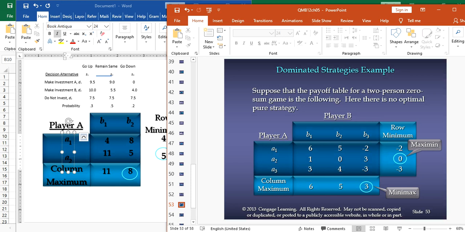So what's dominance strategy? First of all, we solve the table as we had the row minimums and column maximums. If they are equal, we pursue the pure strategy. But if they are not equal, then we go for another strategy.